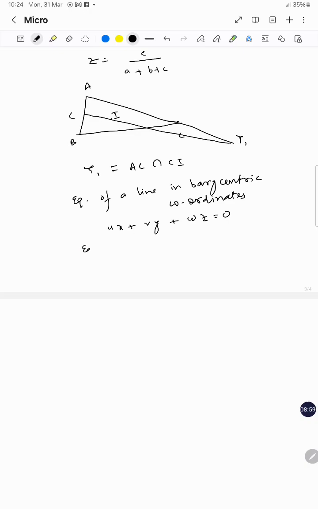So the equation of AC, suppose ux plus vy plus wz equal to 0 is the equation of AC.